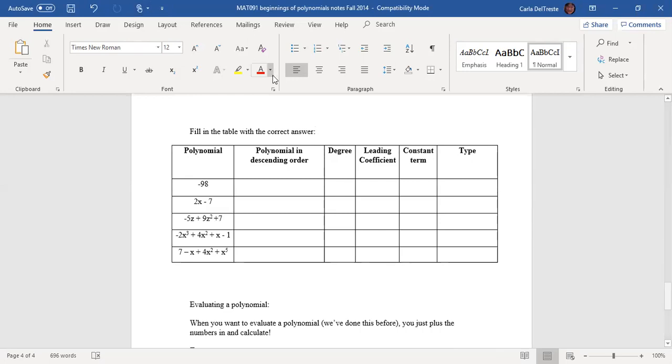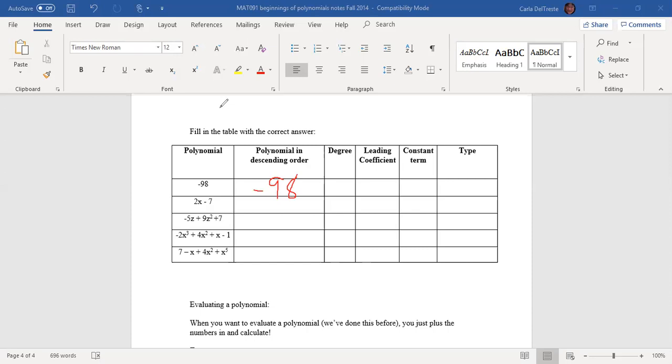So I'm given a polynomial and I want to answer the following questions in the chart. Write the polynomial in descending order. Well, this one only has one term, so it's already in descending order. What's the degree on this polynomial? Well, it's just -98.